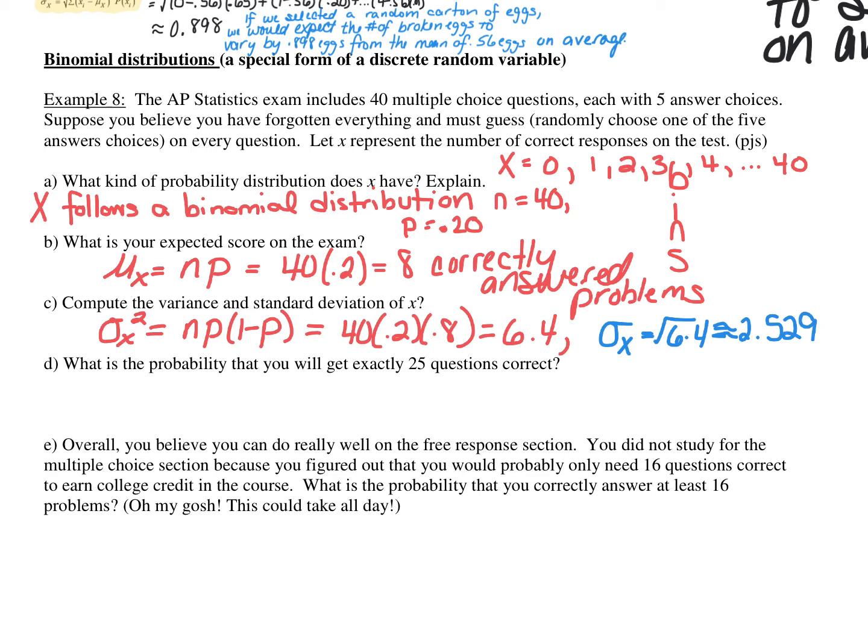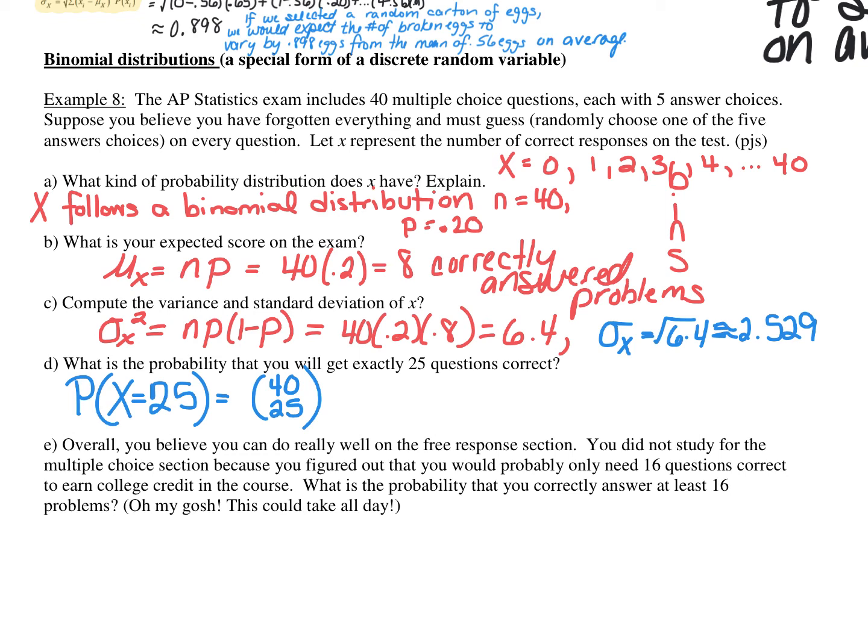What is the probability that you will get exactly 25 questions correct? So correct notation here, if you look at your formula sheet, the probability that x is equal to exactly 25 is equal to a combination, 40 select 25, because it could be your first 25 right, your last 25 right, the first 24, the last one.